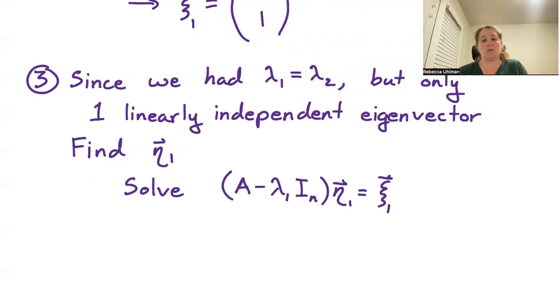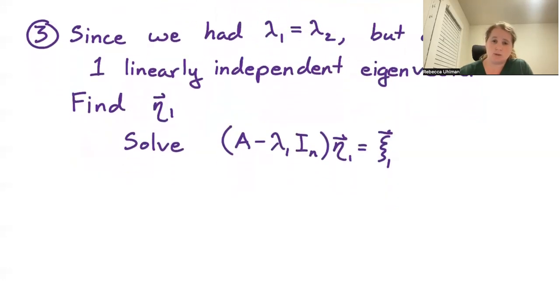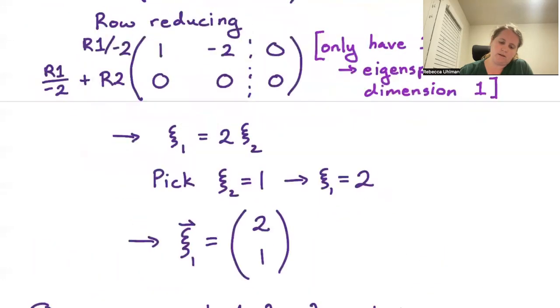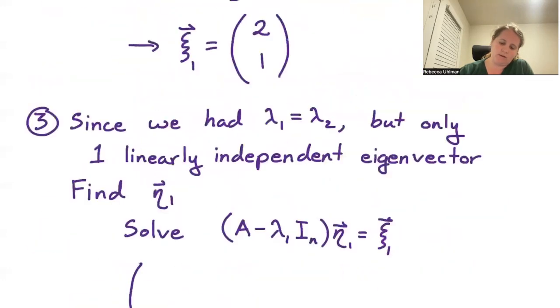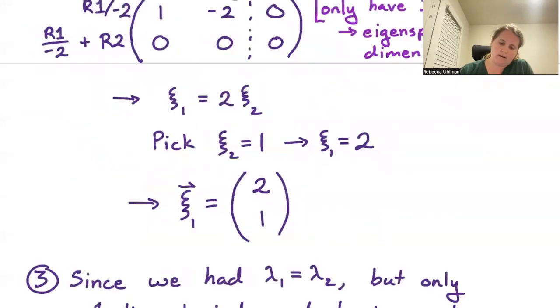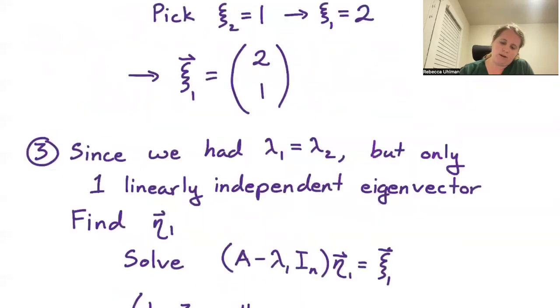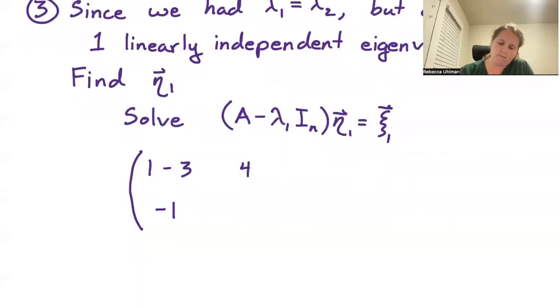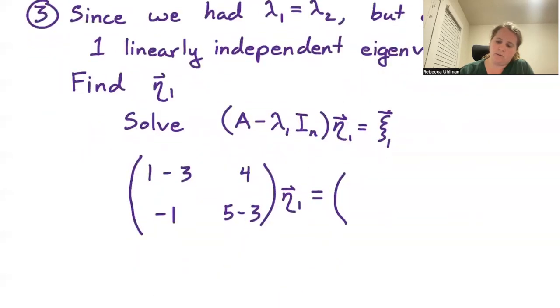Now, A minus λ1 times the identity is precisely the matrix we were already working with. I'm just going to rewrite it just to have it. So we have 1 minus 3, and then 4, and then we had -1 and 5 minus 3. We're multiplying eta 1, and we are looking to land on our xi1, which we picked to be 2, 1.